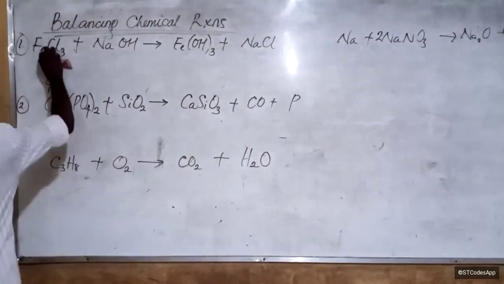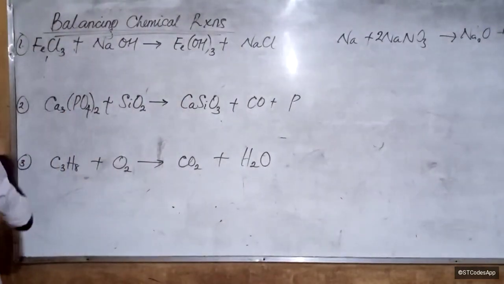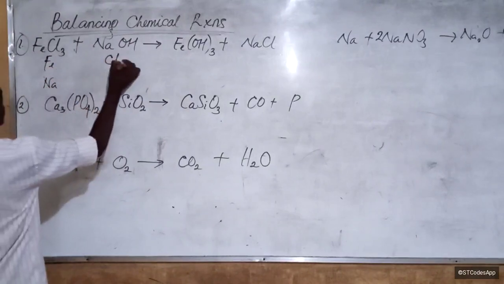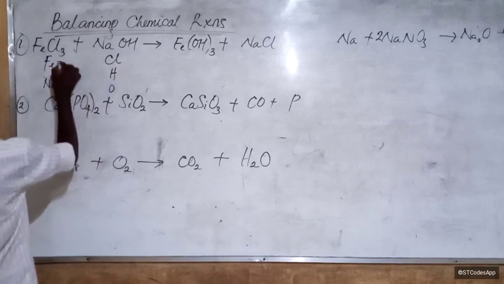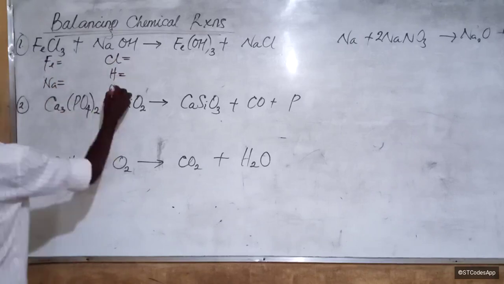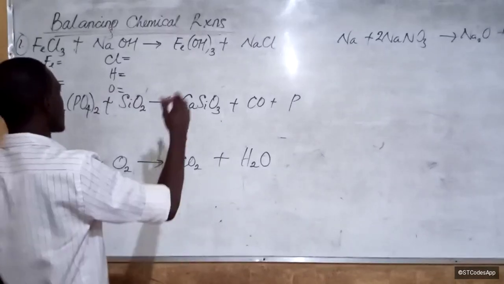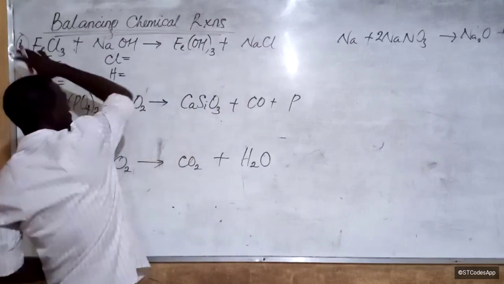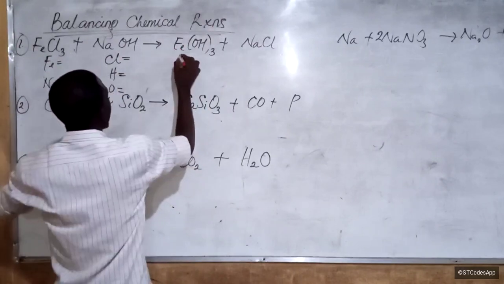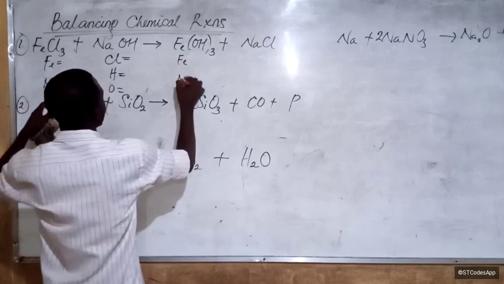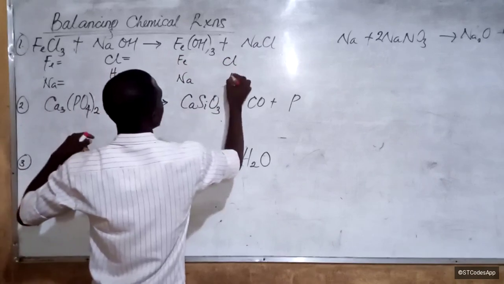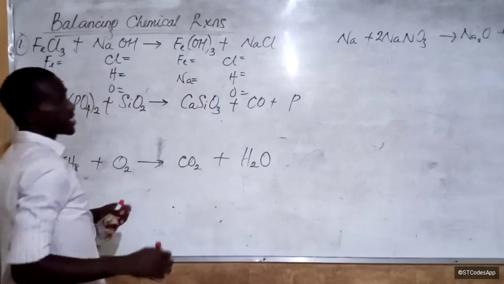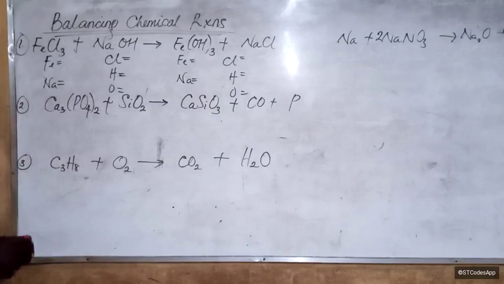Let me list that again: iron, sodium, chlorine, hydrogen, and oxygen. Then for the second part, this is the backward reaction and this is the forward reaction, reactant and product. So I have Fe, Na, Cl, H, and O. These are the 5 species that are involved in the chemical reaction here.